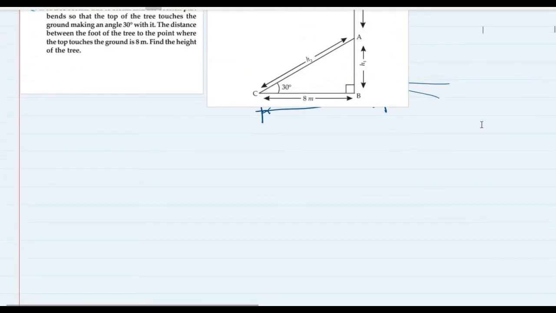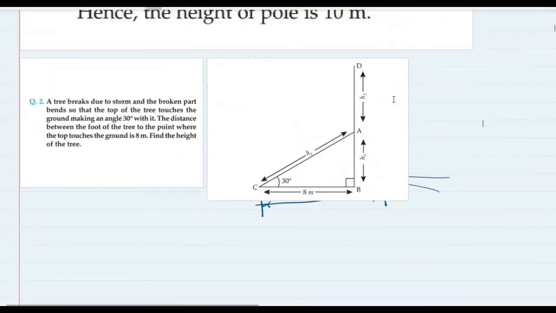Now can you see that the original tree is DB? This is the original tree DB.